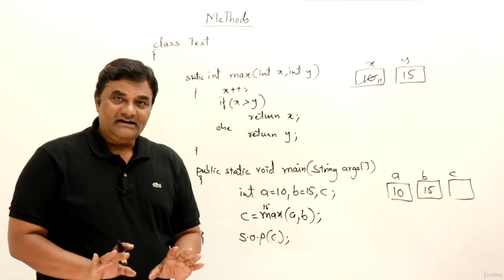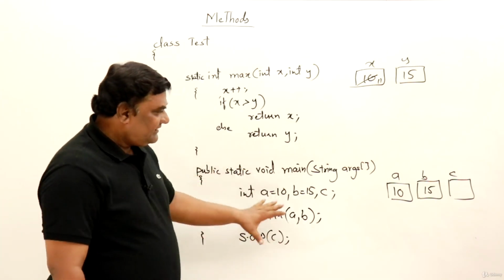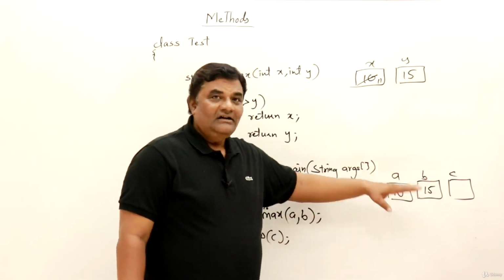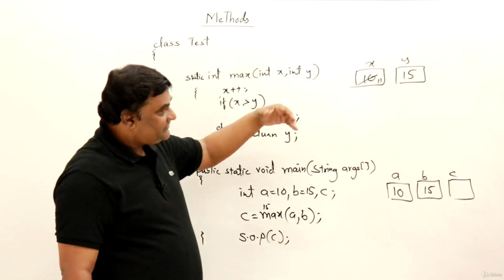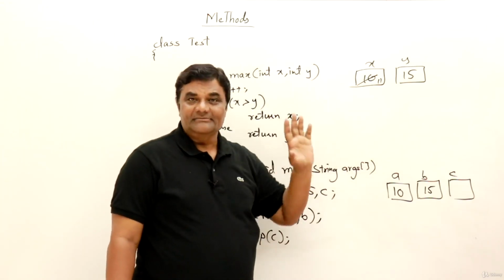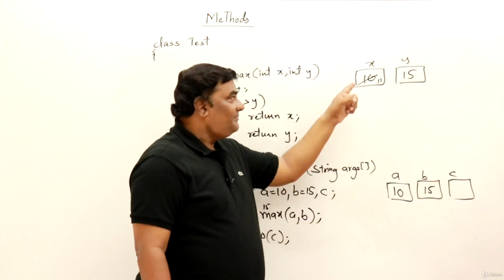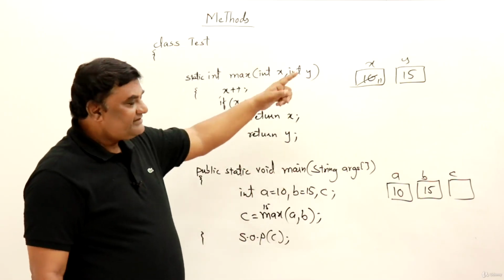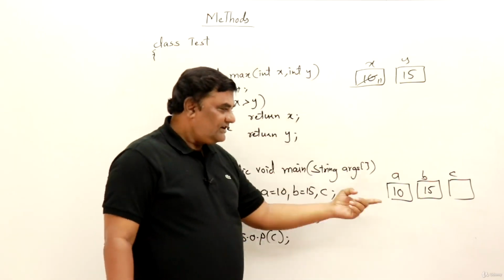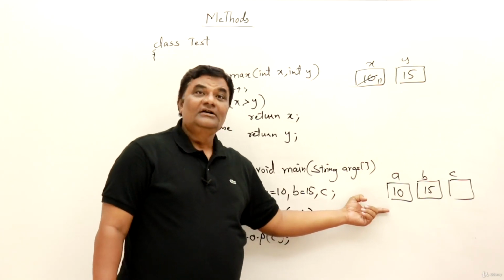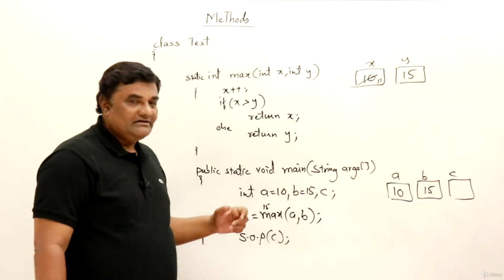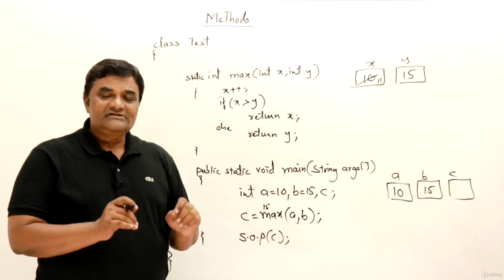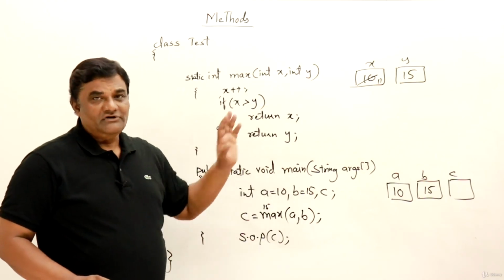So this is to prove that the main method is having its own variable and the max method is having its own separate variables, and from here only a copy of the value is sent, right? If any changes are done to that copy, it will not affect the actual variables of the main method. So this is just to show that only the value is copied.